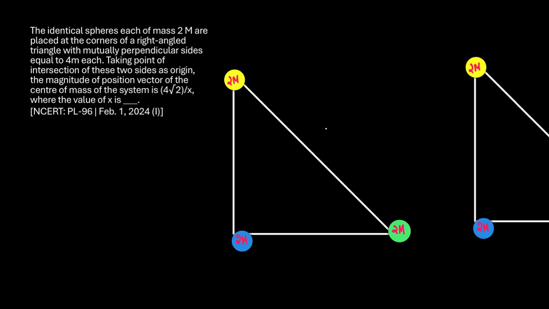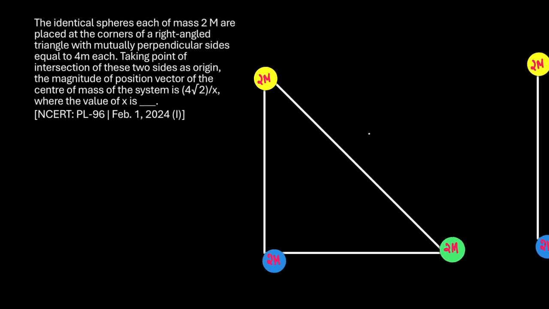Okay, so now we have another very simple question that is based on finding the x bar and y bar, that is the x and y coordinates of center of mass of a system of particles. What's given in this question is, we've been given a triangle, right?